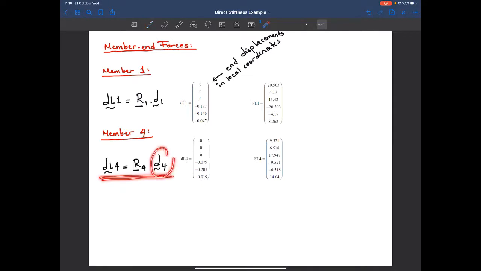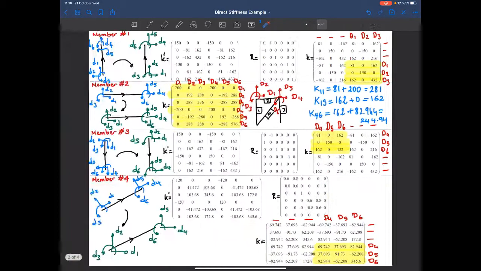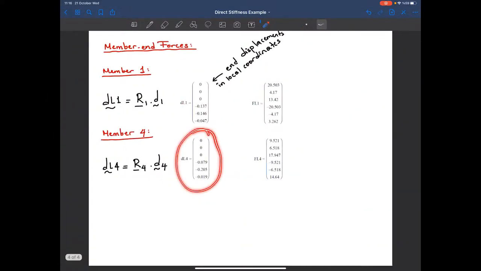I'm multiplying the end displacements in global with the rotation matrix for the fourth member. In other words, I'm transforming displacements defined in the global into displacements defined in the local directions. And these are the displacements defined in the local directions.